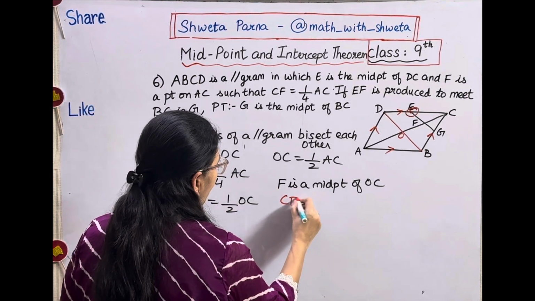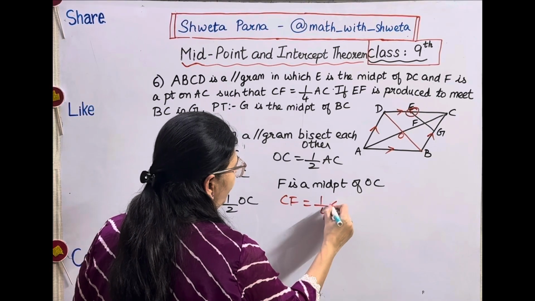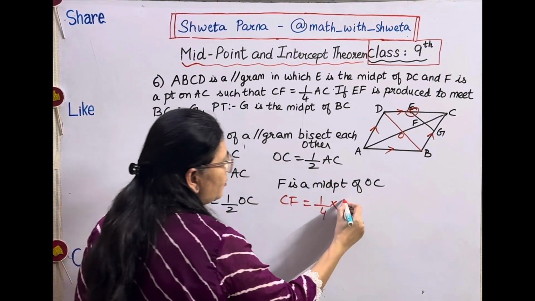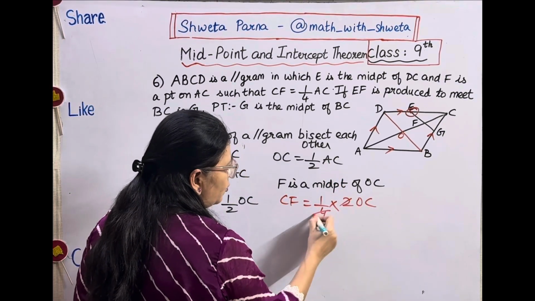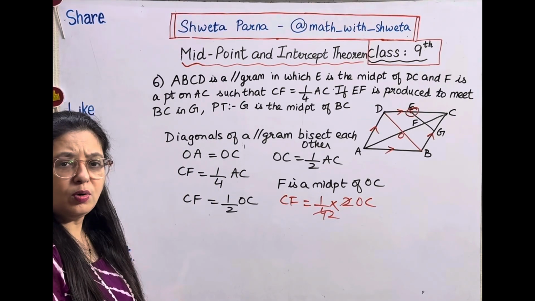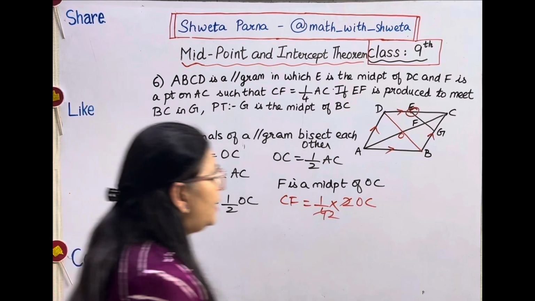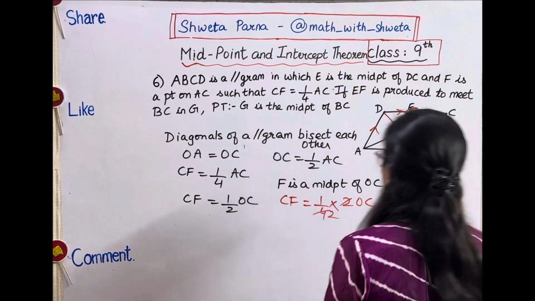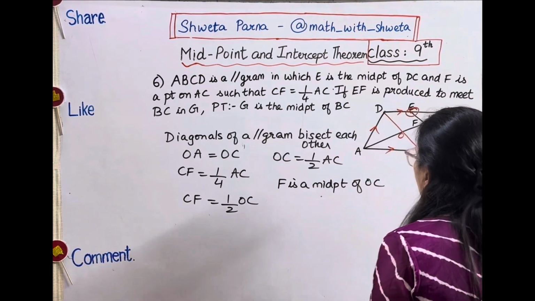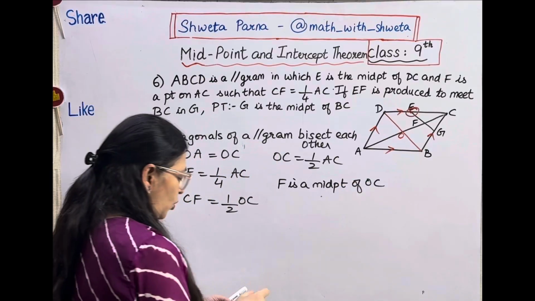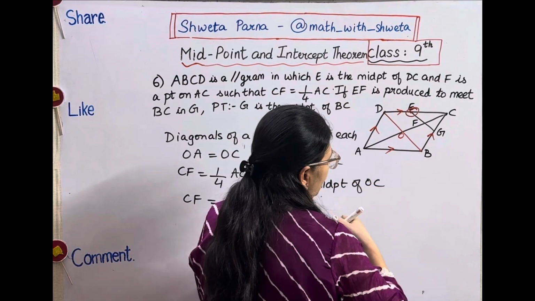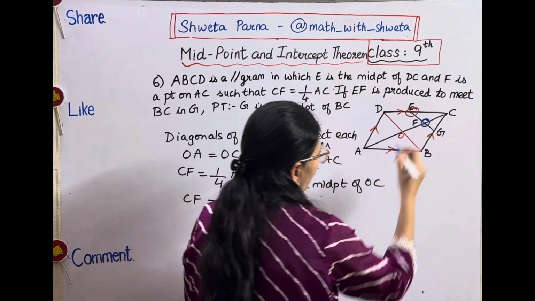So CF is equal to 1/4 of AC. AC is twice OC. So which is 1/2 OC, which I got over here. Now let's go ahead. We got F is a midpoint of OC. We got this now. Okay. So this is also a midpoint.